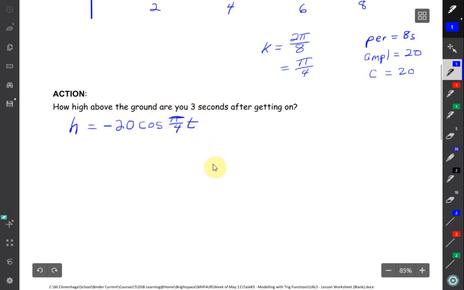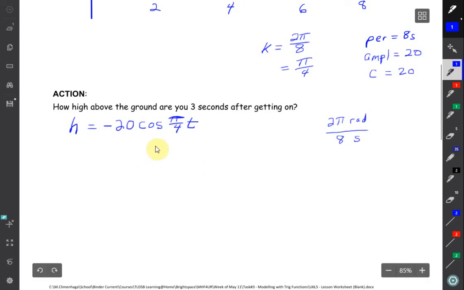So really what's happening here is when we do this ratio, I'm going to write it out again down here. The ratio is 2 pi radians. Now normally we don't write the radians, but I'm going to write it just to illustrate this. Over 8 seconds. So what you can see here is that this really is a ratio.